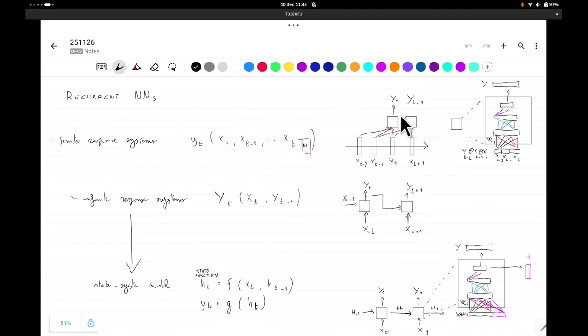From the point of view of a neural network, this means that the network, which here would be just a square, accepts inputs from times t, t minus 1, t minus 2 in these graphics, and gives an output. Then the same network accepts an input that is shifted and gives another output, right?